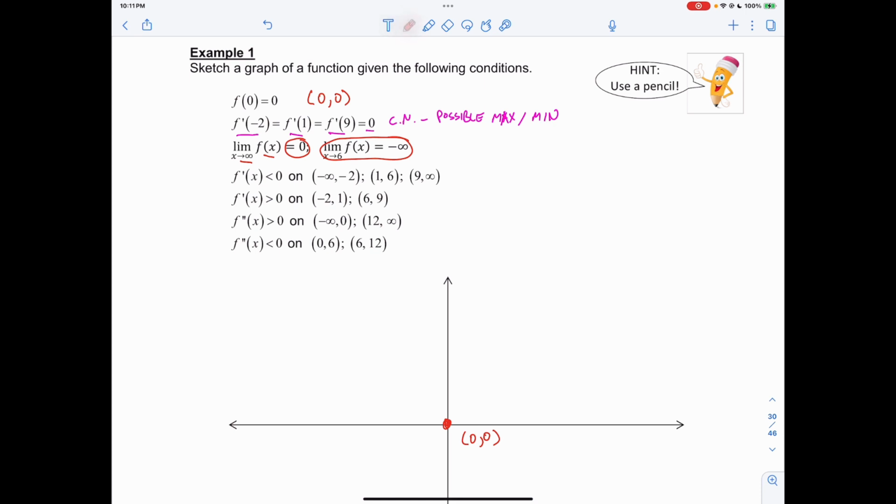So we can see from this, we have a horizontal asymptote on the right-hand side, because it's approaching positive infinity, where y is equal to 0. We can see from this that because as x approaches 6, it's shooting off to negative infinity, there has to be a vertical asymptote at x is equal to 6.